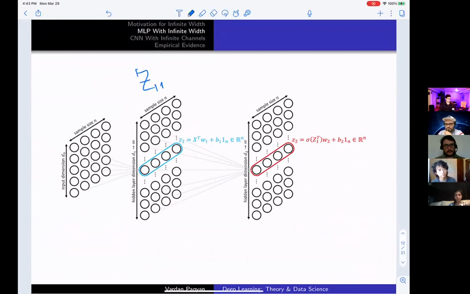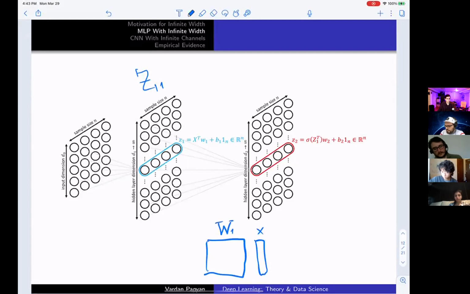Z1 is a matrix which has lowercase z1 as one of its rows. And imagine that we take a single, so let me make a small drawing here. So this would be, let's say this is X and this is W1. And we took one W1 to create Z1.